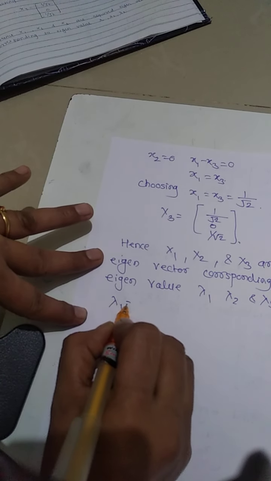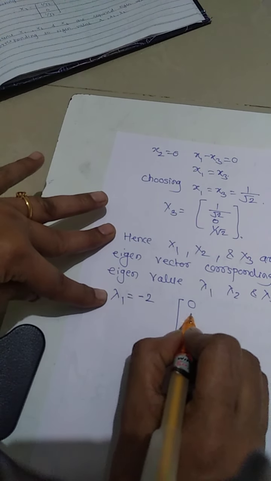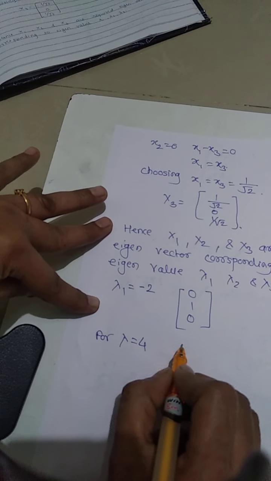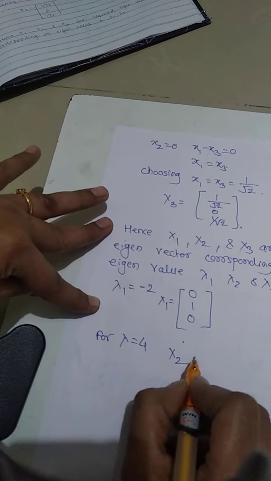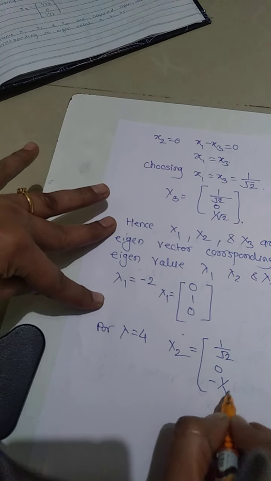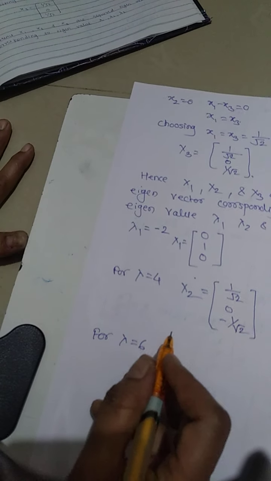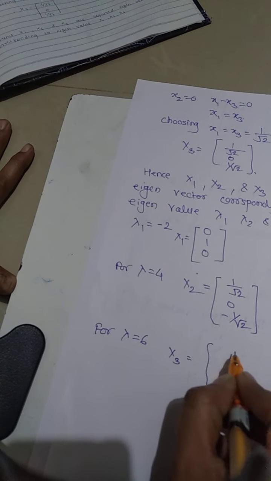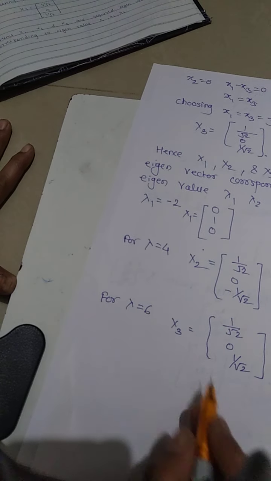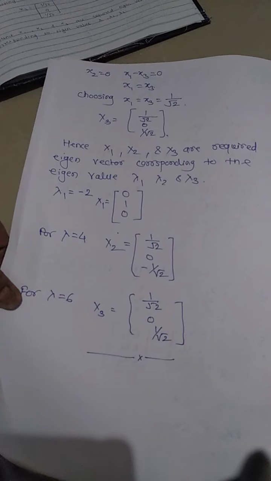For lambda 1 is equal to minus 2, the eigenvector is given as (0, 1, 0), and for lambda is equal to 4, we get the eigenvector X2 is equal to (1 upon root 2, 0, minus 1 upon root 2), and for lambda is equal to 6, we get the eigenvector X3 is equal to (1 upon root 2, 0, 1 upon root 2), which is the required solution of the eigenvalue problem. Thank you.